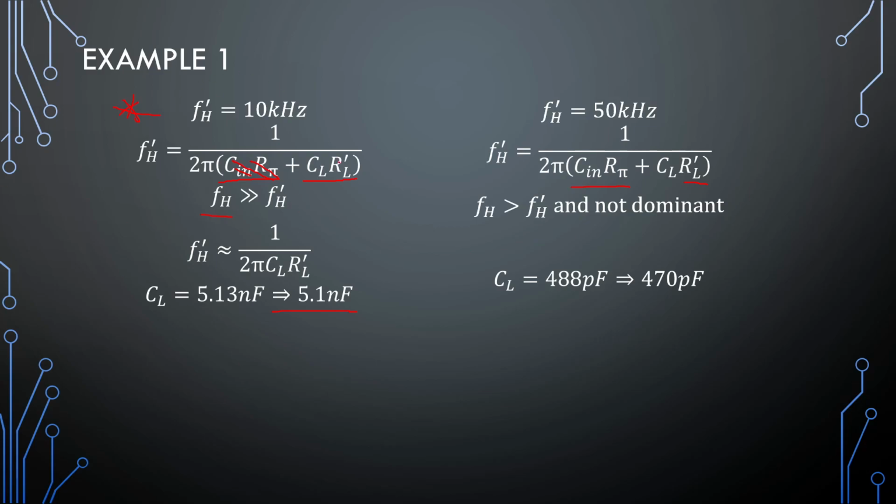This side is just to make the mathematics easier on us, and you'll find in the simulation that this is kind of accurate. But in this one, if we neglect the effect of Cπ and Rπ, we will run into problems. So we just work with both of them, and we see that we need a load capacitor of 470 picofarads. Okay, so 5.1 nano, 470 pico.